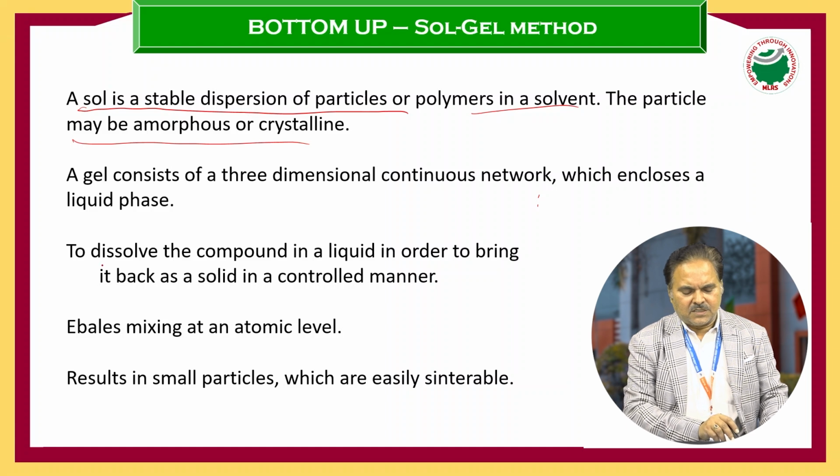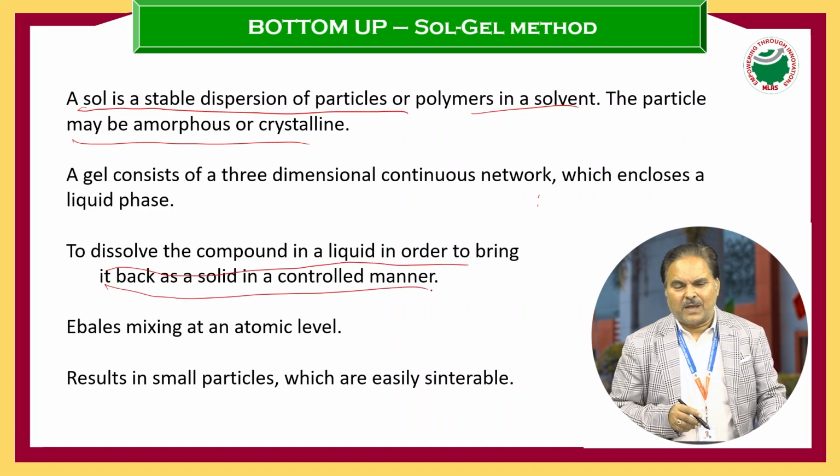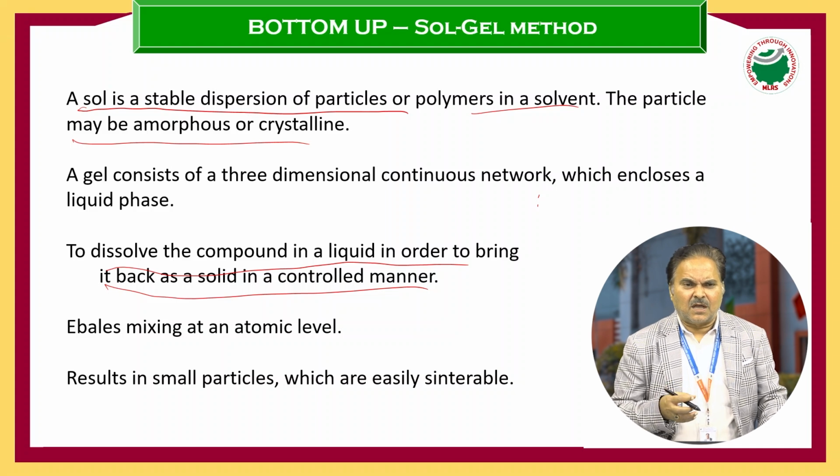This is to dissolve the compound in a liquid in order to bring it back as a solid in a controlled manner. First we dissolve the salts, then we make another type of material, controlling pH, temperature and so on, so that we make a solid in a controlled manner.